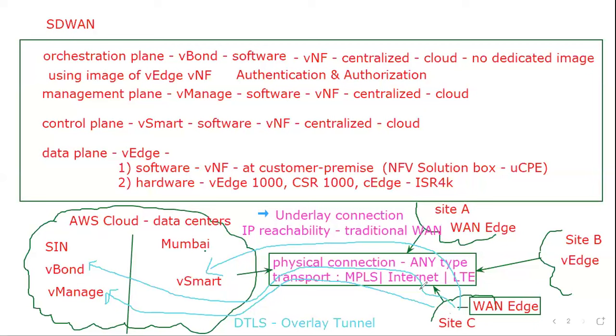So the first tunnel is the physical one, that is the underlay tunnel, which is using a lot of technology. If we are saying MPLS, yesterday we talked about a lot of protocols that are there to establish the MPLS connectivity. Then on top of it, an overlay tunnel is created, and the overlay tunnel is using DTLS.